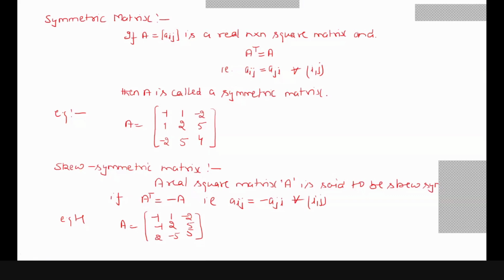So what does this mean? The ijth element of A is equal to the jith element for all i and j. Then A is called a symmetric matrix.